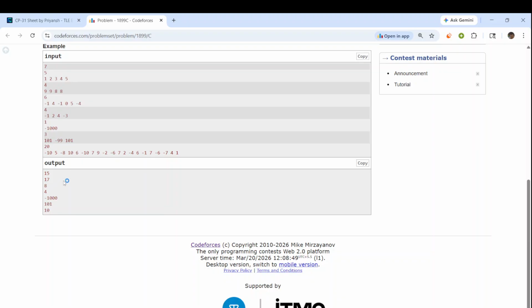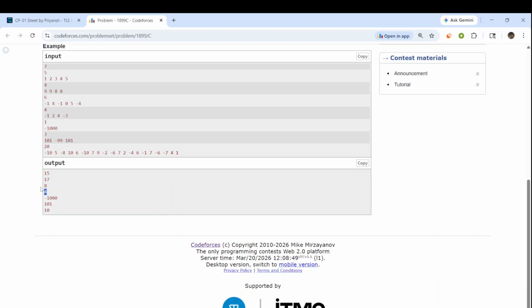I think I understood the problem. Now -1, 2, 4, 3. Again 2 and 4 will not work. So either the answer is 1 2 minus 1, which is 1, or 4 minus 3, which is 1. So the answer is always 1. Okay, 4.